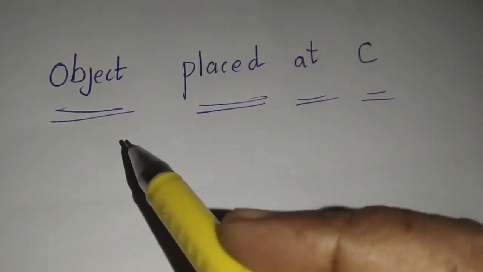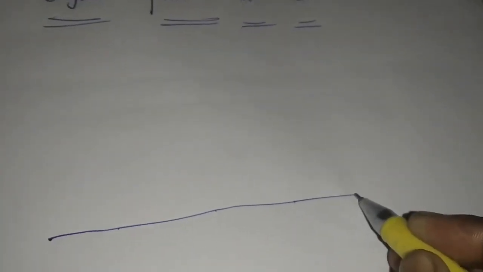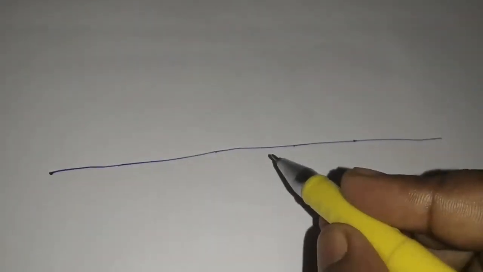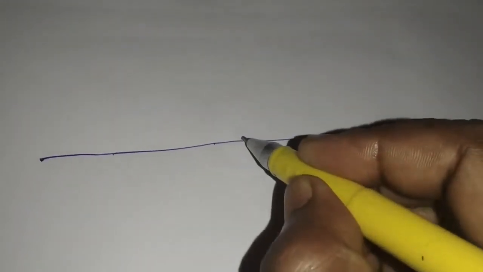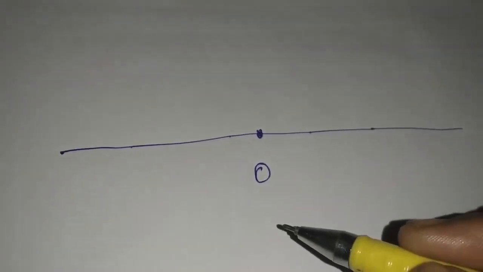Our next case: when the object is placed at C. So draw a line. Students, draw a line to show the principal axis and mark the optic center O in the center of the line.